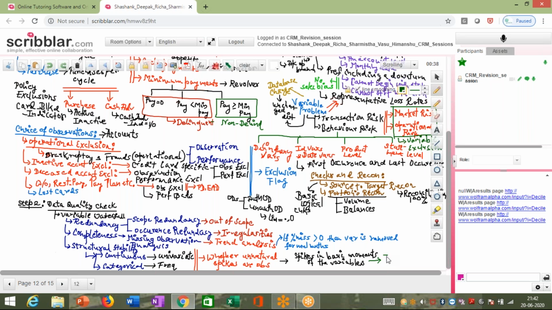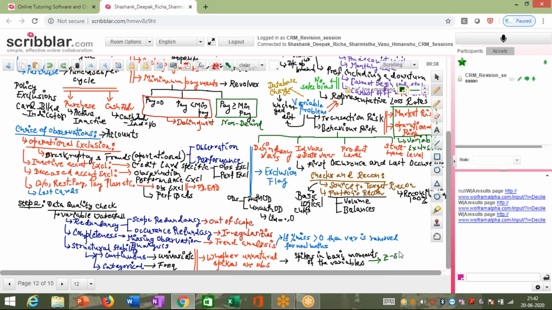Once we compute the Z stat, as long as it is less than 3, we say the shift or the spike is not a significant spike, so it is green.